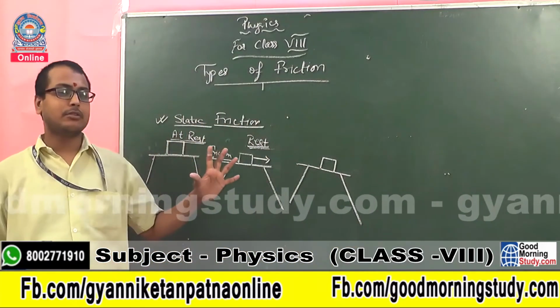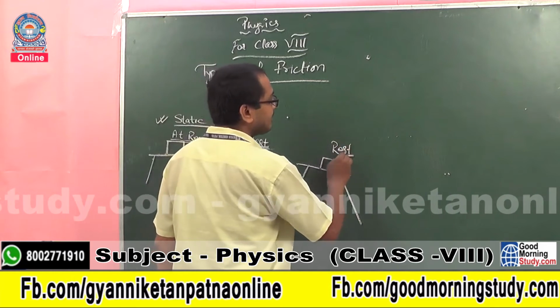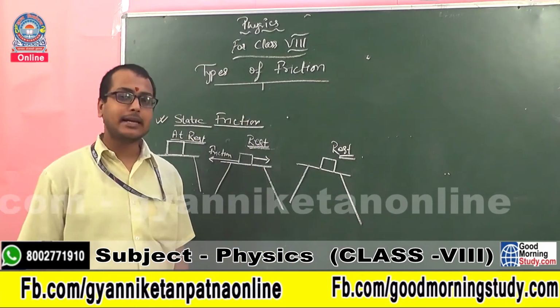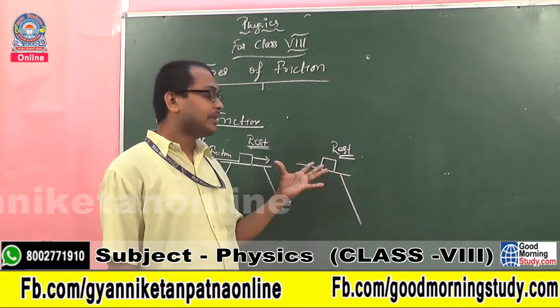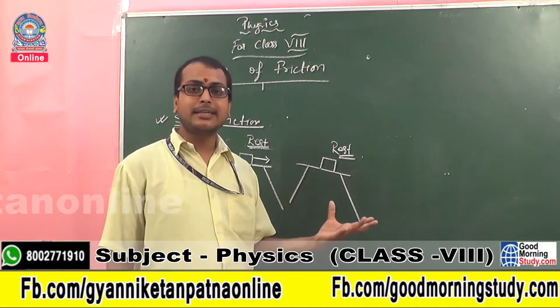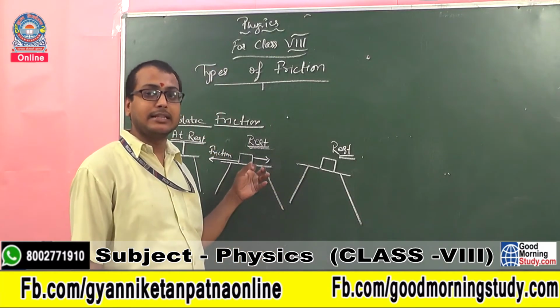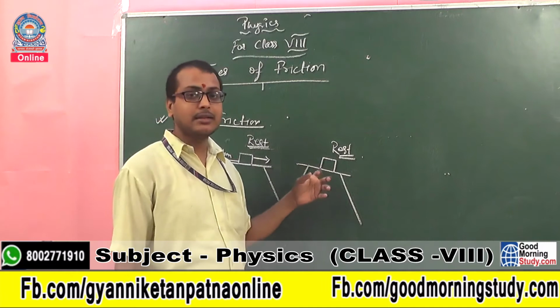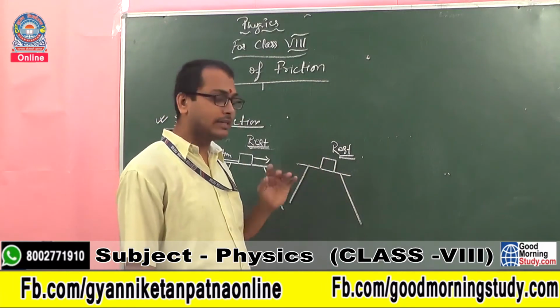Now you can easily say that still the object is at rest. Now this time the object has more tendency to slip, because here the inclination was low, and here the inclination was more. So the object has more tendency to slip on the surface.